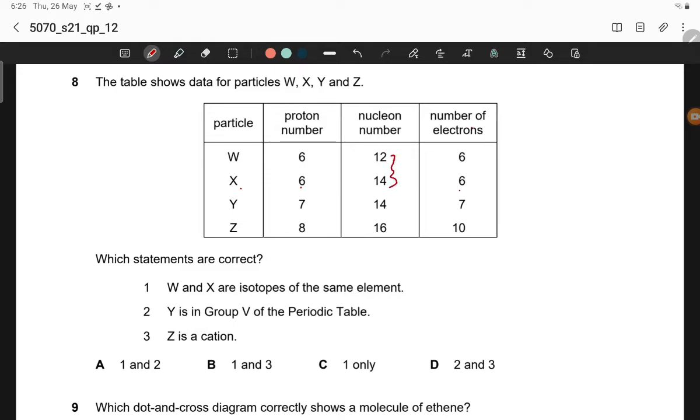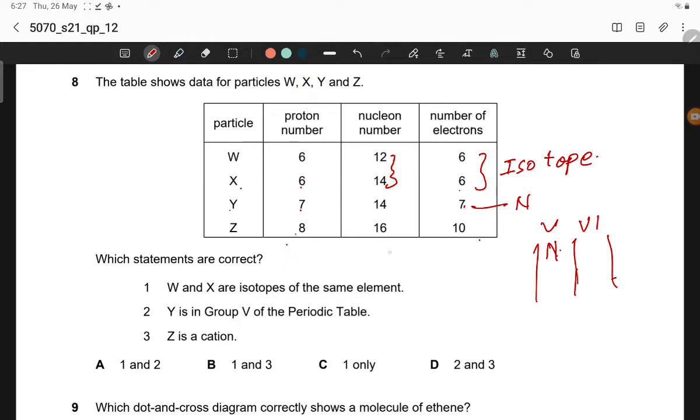So they have a different number of neutrons, so they can be isotopes. Y is 7 and 7, Z has proton number 10. Y is nitrogen, so it is present in group 5. Z is present in group 6.